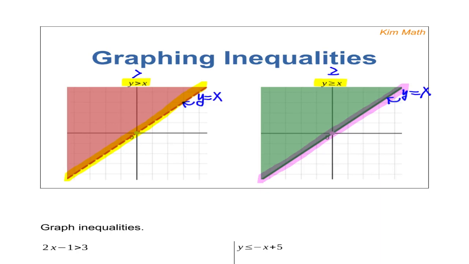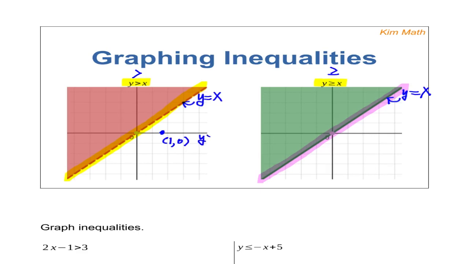Okay, to decide this one, you can pick any point from any area. For example, if you choose a point, for example, this is (1, 0), then plug in this number to the inequality and check.